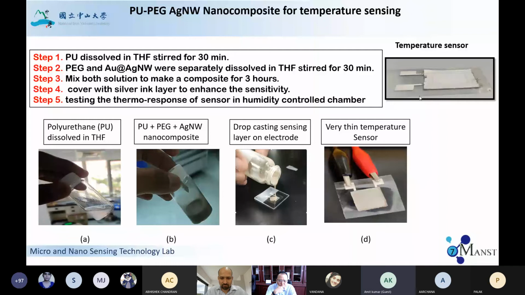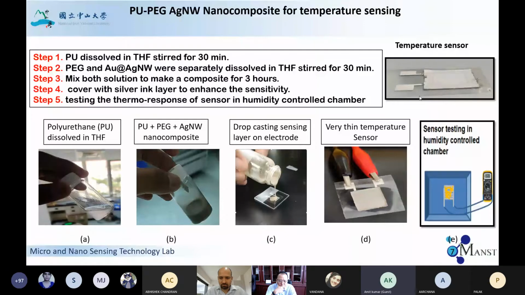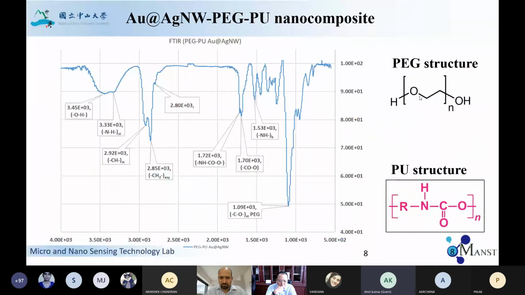After that, we do the testing in a humidity control chamber. So only the change in temperature was responsible for the change seen in the multimeter. After making the composite, I do FTIR studies of the nanocomposite, and you can see the PEG structure and PU structure on the sides.